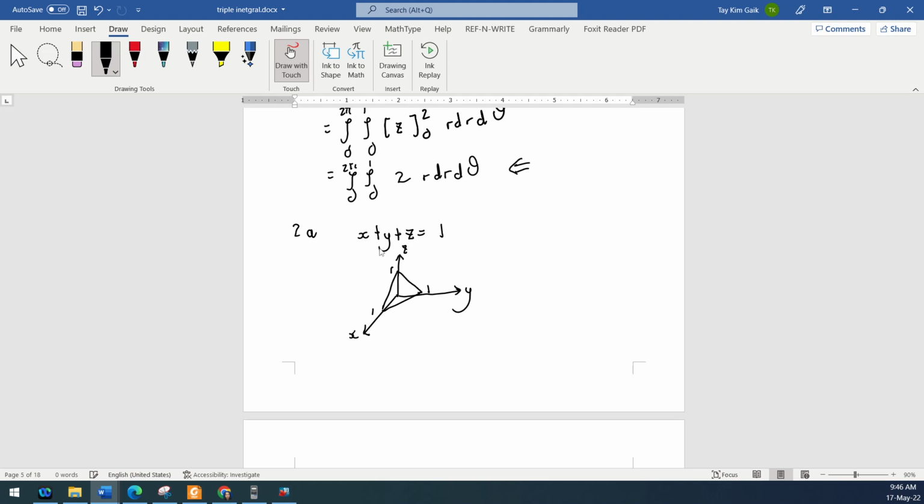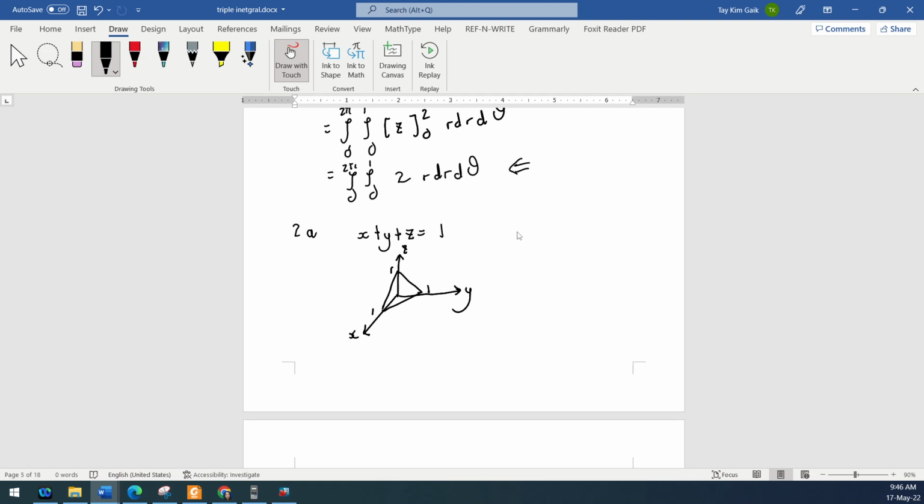To get the x-intercept, let y be 0, z be 0, you get x is 1. To get the y-intercept, x 0, z 0, y is 1. To get the z-intercept, let x and y be 0, then z is 1. So this is a tetrahedron, x plus y plus z equal to 1.